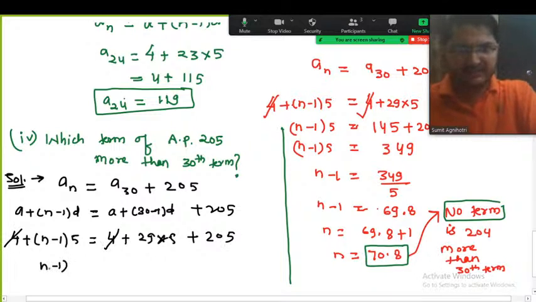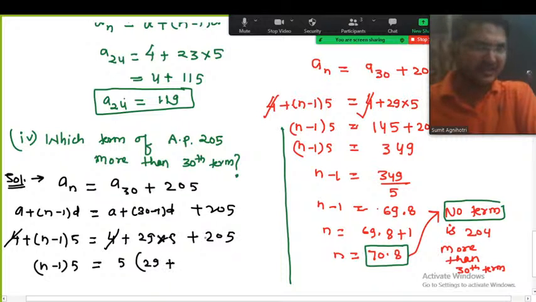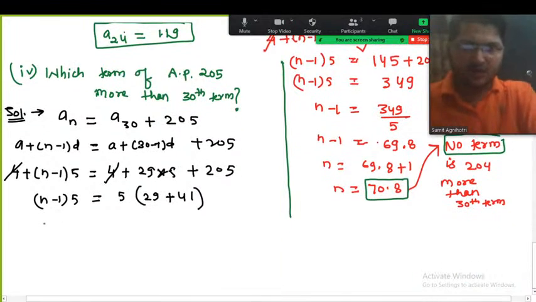Here what we can do is take 5 as common, because it is here as well, and it can be taken common from here as well. 5 times 41 is 205. Now I can cancel out these 5, and I have n minus 1 equal to 70, and that is why n will be 71.